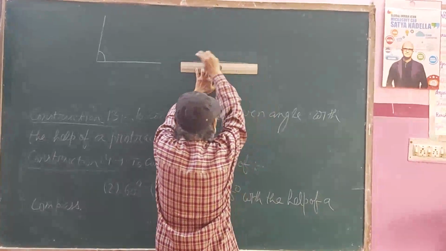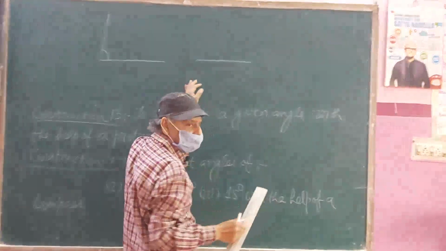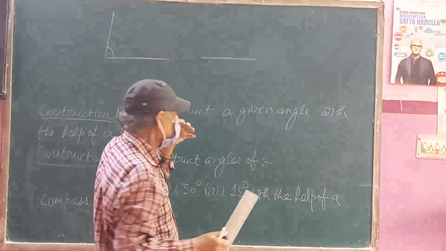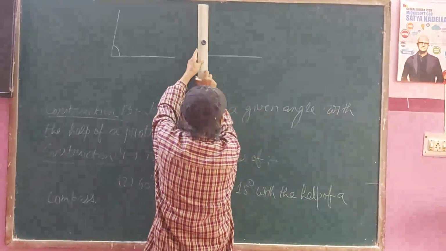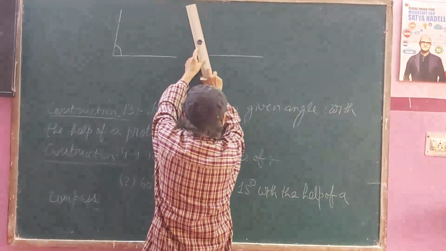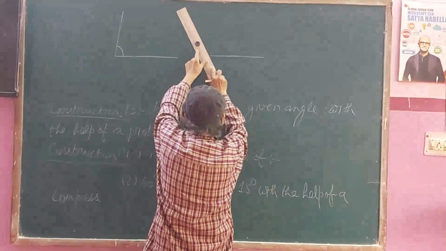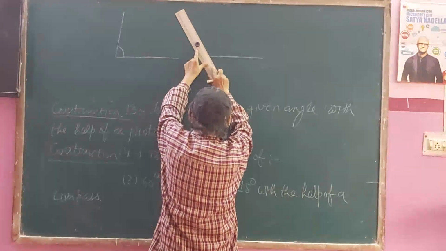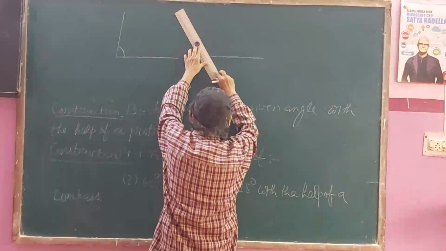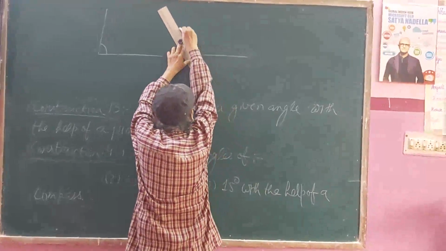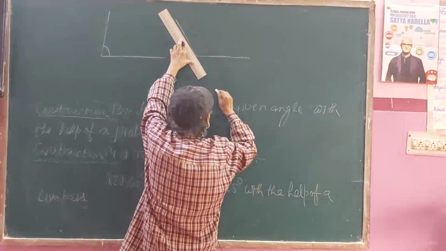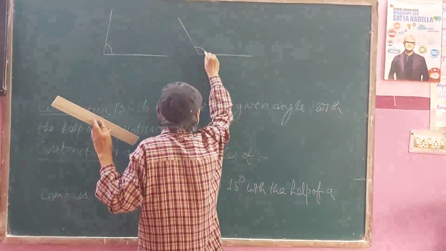Is it visible to you? I think it is visible to you. Then I will make an obtuse angle here. This is 90 degrees. You have to align your scale. You have to keep your scale in the direction and draw this arm. This is your obtuse angle. Okay.